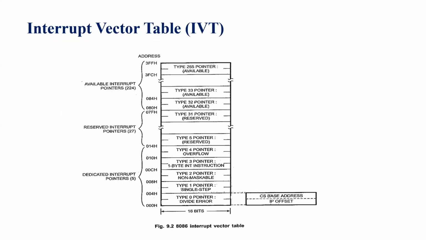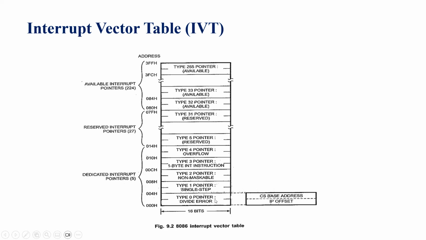Now we will see the interrupt vector table, IVT. See here, friends. This is our interrupt vector table. So starting address is 000H and last address is 3FFH. It is equal to 1023. We start from 0 and we end at 1023, that is the decimal equivalent for 3FFH. Then the total size of this IVT is equal to 1024 bytes, which is nothing but 1 KB.